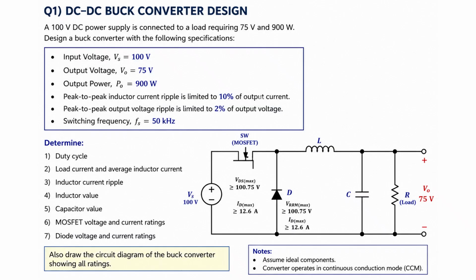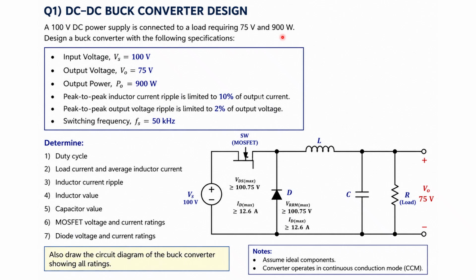We have to design a DC to DC buck converter. The specifications are given. A 100-volt DC power supply is connected to a load requiring 75 volts, and the power rating is 900 watts.